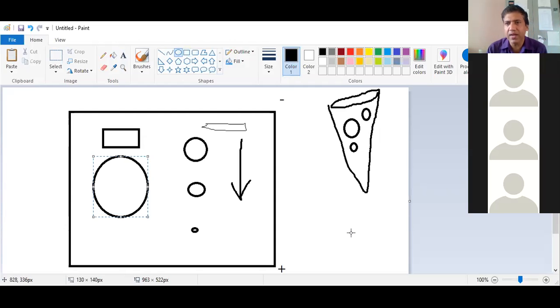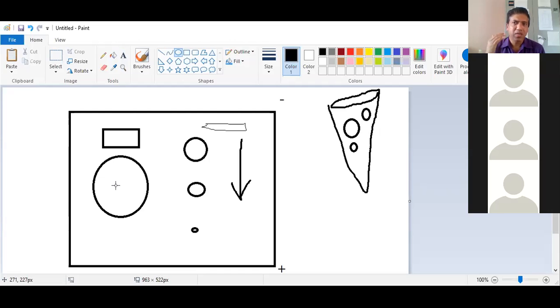This spherical molecule is larger in size, and this rectangular or cuboidal molecule is smaller in size. So it will appear that the cuboidal molecule will move faster and the spherical molecule slower because of size, but it is not like that. The spherical molecule will move faster, because anything which is spherical will move faster.